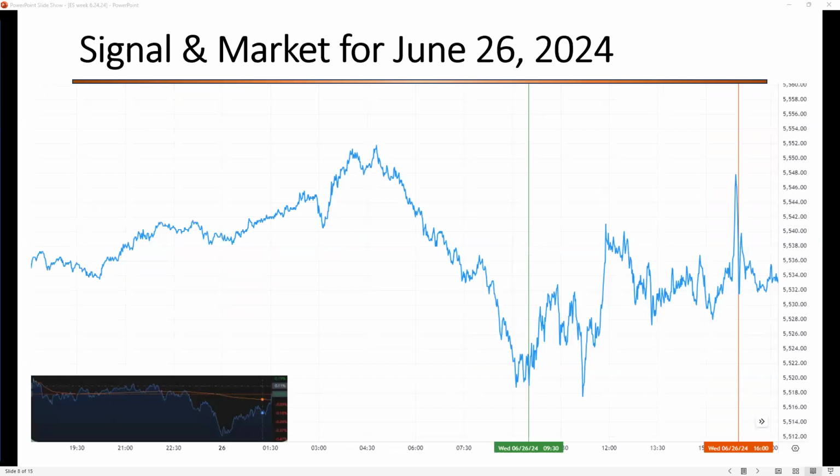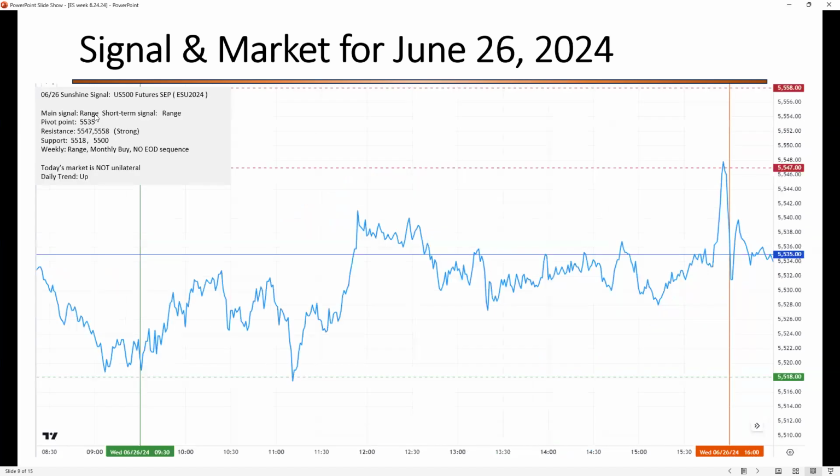For Wednesday the 26th, the reference chart is showing possible consolidation with a drop towards the end of the day. The signal showed range again, no EOD sequence, daily trend still up, and trending days not detected.